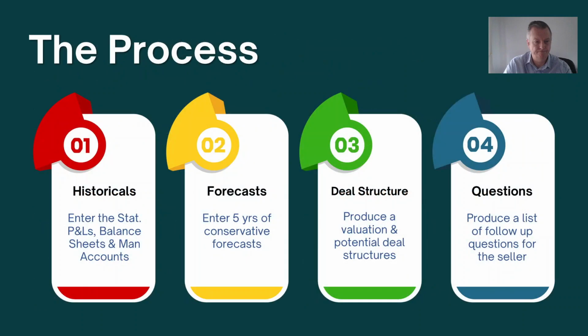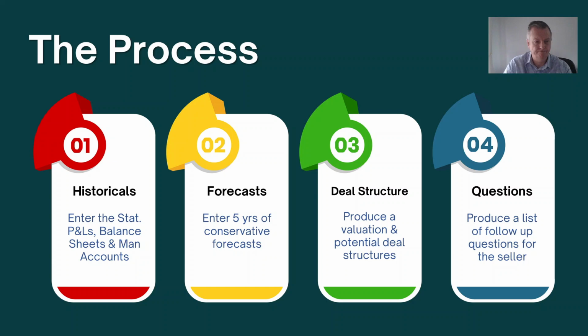Once I've got this information together, what I then do is we've got a historical analysis. I'm looking at trends. I'm looking at what opportunities can I see to improve this business once I've taken it over. I set a 5-year financial forecast.